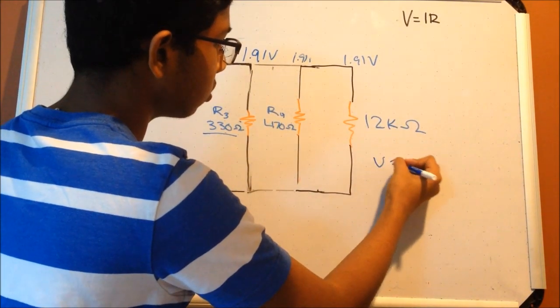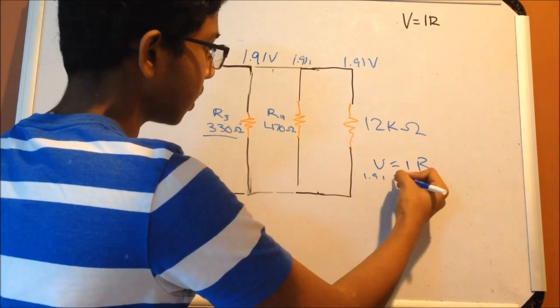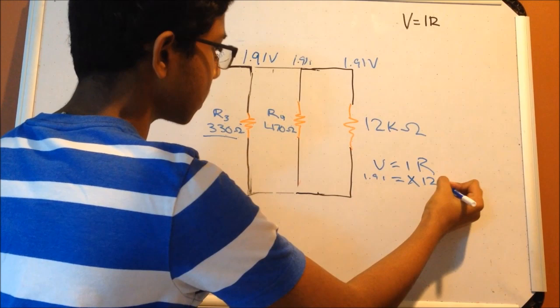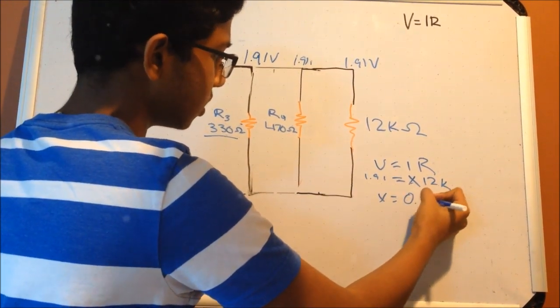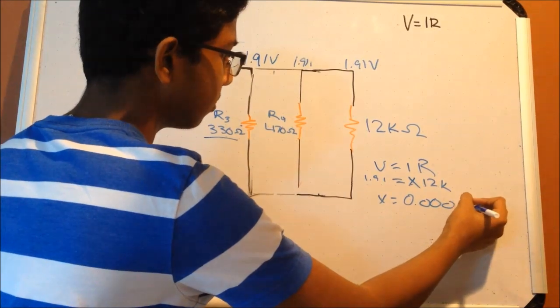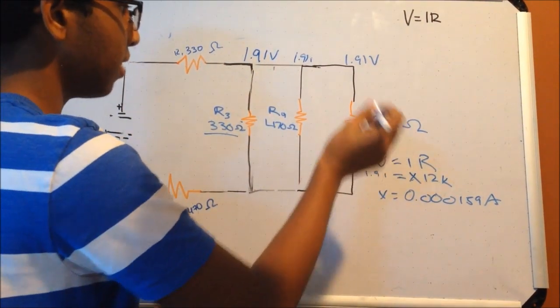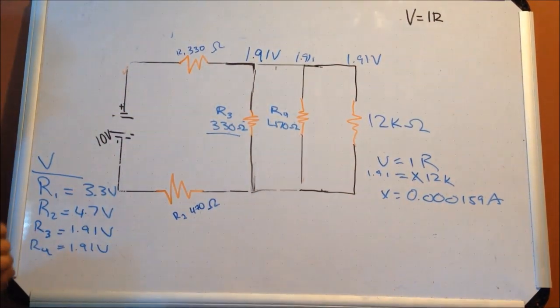So V equals IR. So our voltage is 1.91 equals current, which is our unknown, times 12K resistance. X equals 0.000159 amperes. Let's re-expand the circuit and find the voltage across each of the individual resistors.